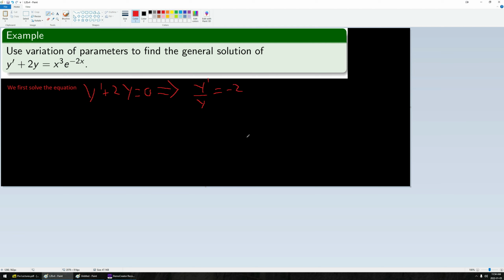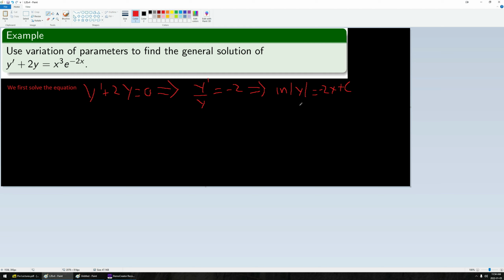The 2, and I bring it over from here. So if I integrate both sides on this, on the left-hand side, I'm going to get ln of the absolute value of y. And on the right-hand side, what am I going to get? Well, the integral of -2 is going to be simply -2x plus my constant of integration.